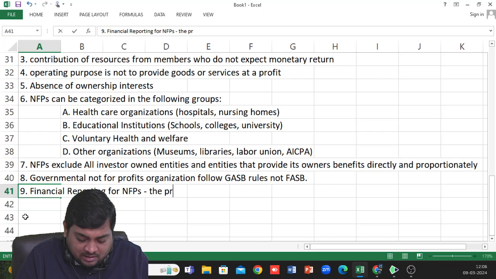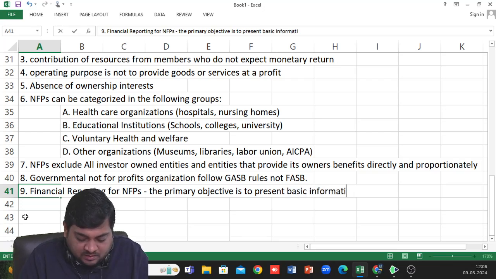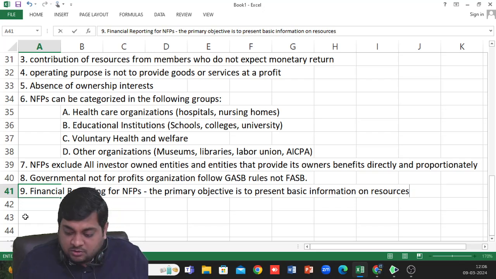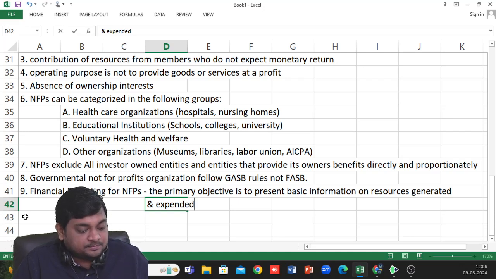So the primary objective is to present basic information on resources generated and expended, right?